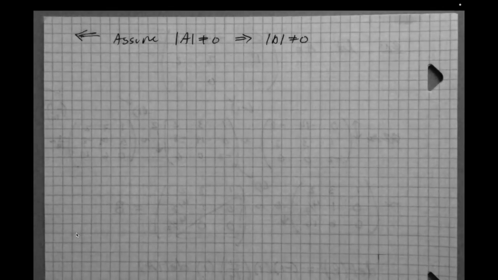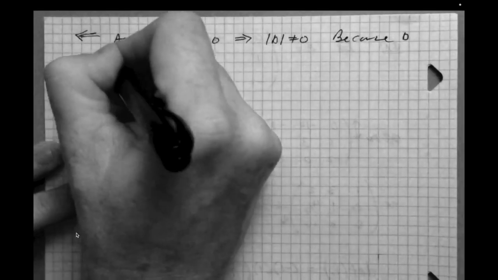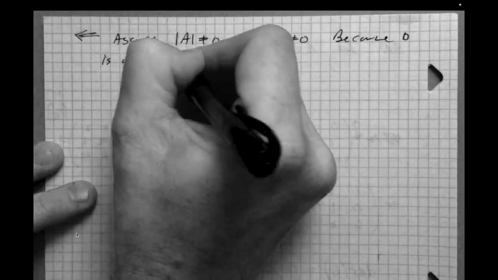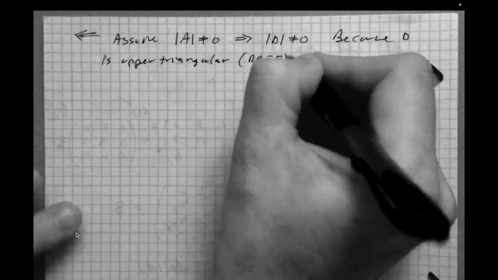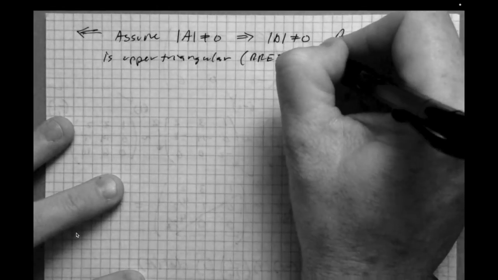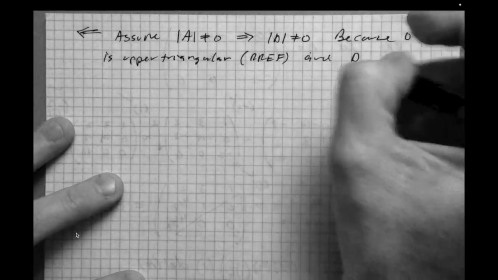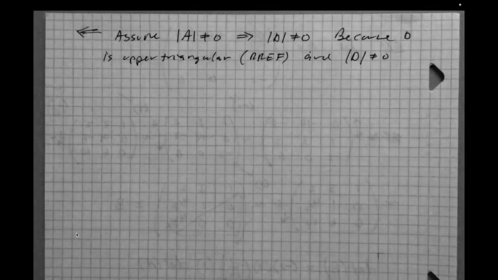Because D is upper triangular, right, D is upper triangular. This is, of course, due to the reduced row echelon form. And because D has a non-zero determinant, that's going to imply something about the diagonal entries.